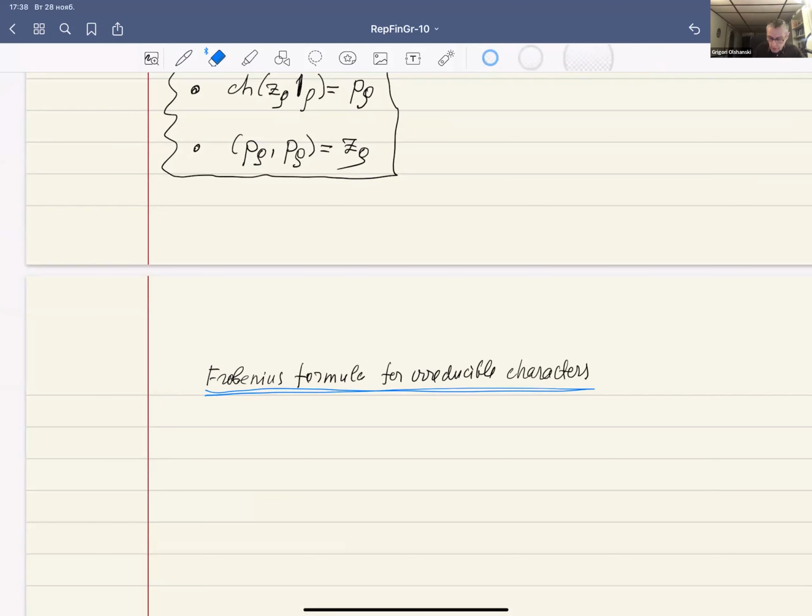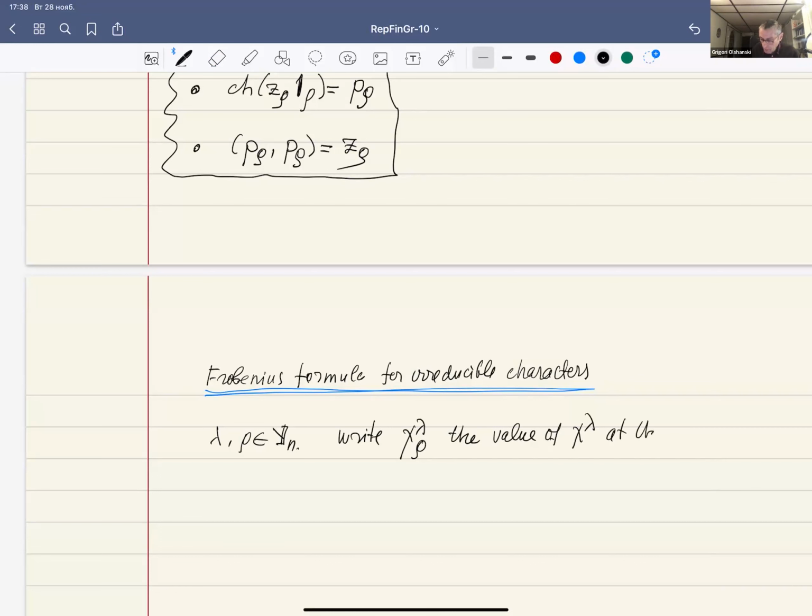Suppose we have two Young diagrams, two partitions, and write this for the value of the character at the conjugacy class indexed by partition rho.